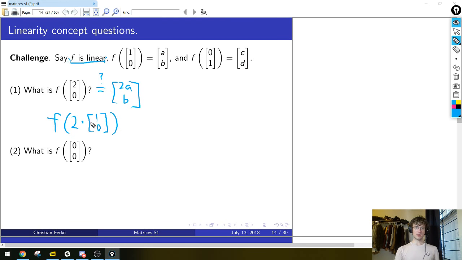Okay, well, let's just follow this line of reasoning. So the input is (2, 0), and if we pull out a factor of 2, then we're applying f to the number 2 times the vector (1, 0). Now, we can apply one of those two rules I showed you on the previous slide to simplify this. What should I simplify it to?